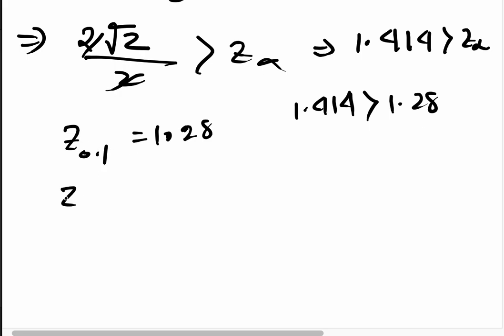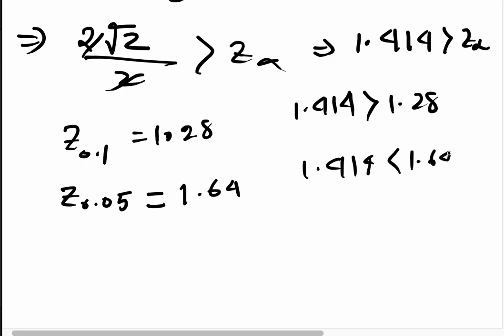Let's check when alpha equals 0.05, that is 1.64, and 1.414 is less than 1.64. So under this significance level, level 0.05, we cannot reject the null hypothesis.